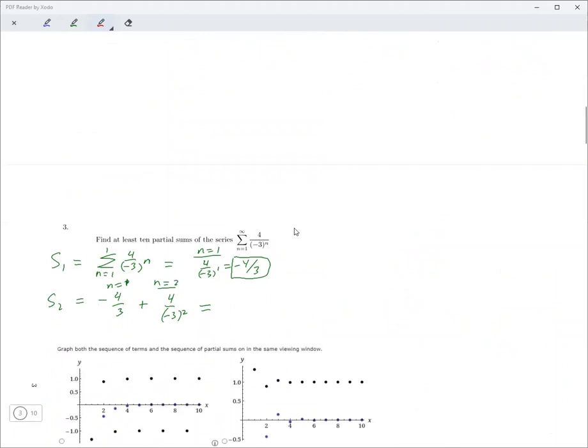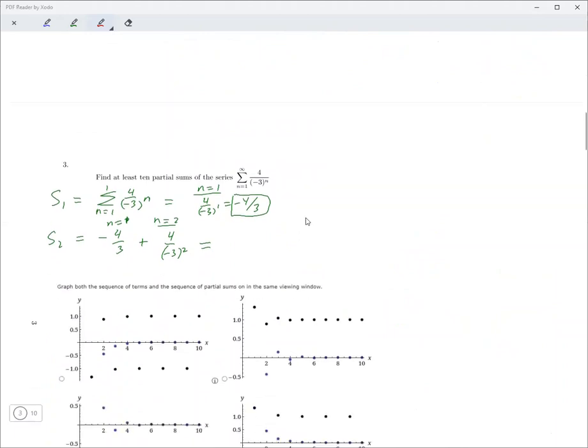If we look at this problem right here, when I set n equal to 1, I get negative 4/3 over negative 4/3. Then if I set n equal to 2, I get this one right here.